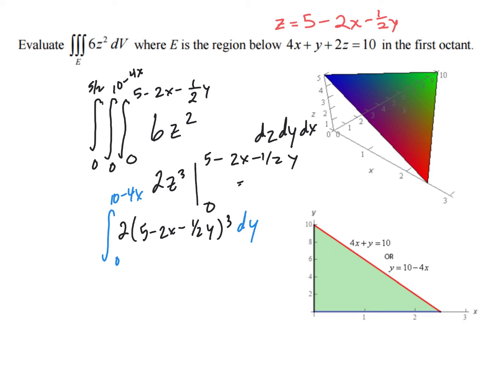Let u be 5 minus 2x minus 1/2 y. Remember, y is the only variable, so the derivative of that is just negative 1/2 dy. Multiply both sides by negative 2.